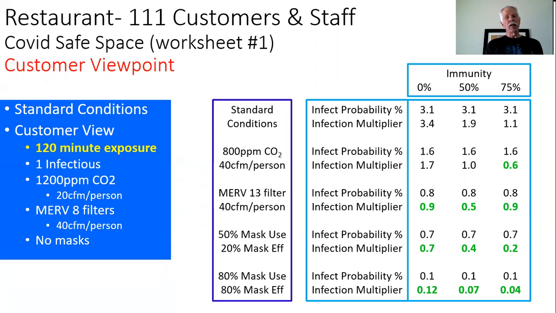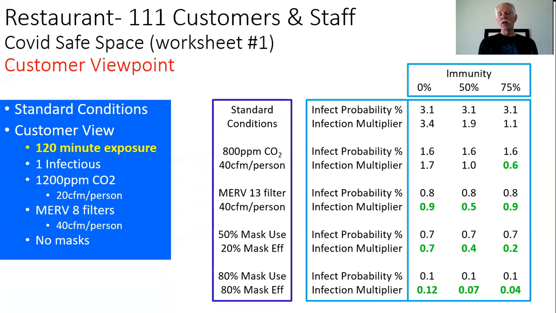But more importantly, that infectious person is likely to make about 3 other people infected. And when the infection multiplier is greater than 1, the disease is accelerating. It's going to continue its rampant march throughout the populace. We're not protected. The disease will continually spread in an uncontrolled manner.